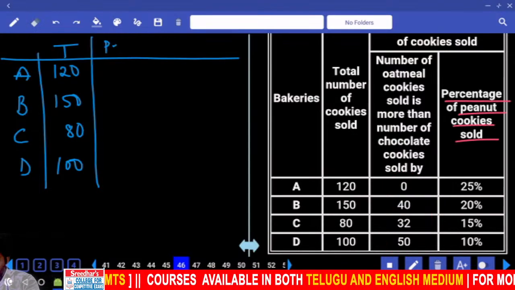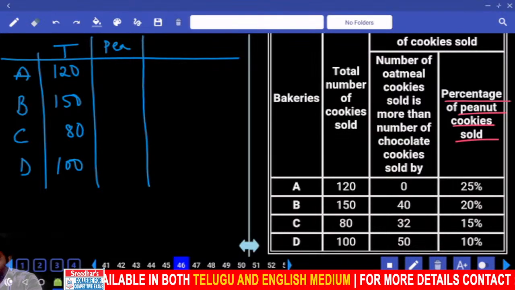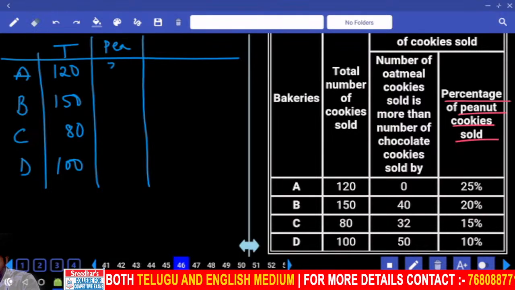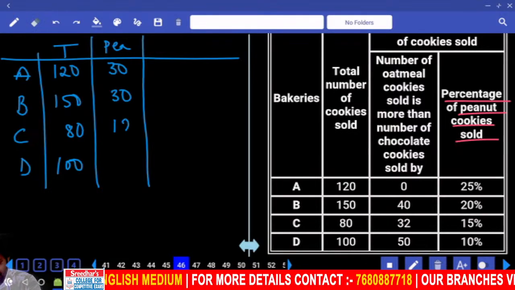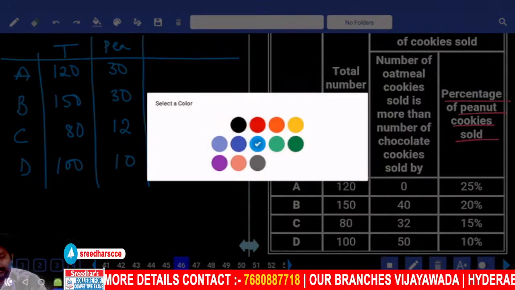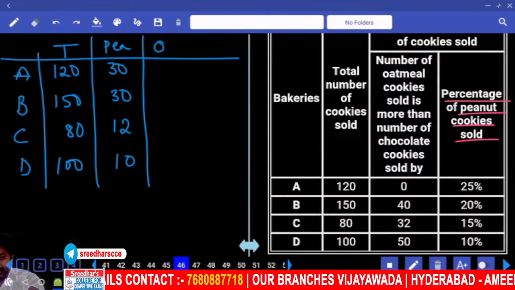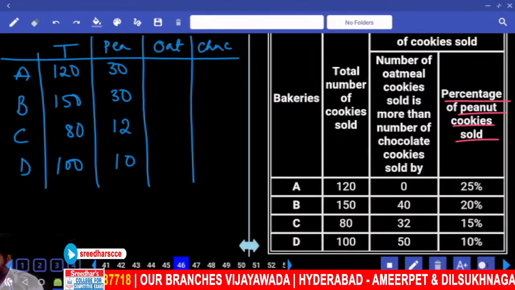Because peanut cookies sold information is directly available, let me write it first. 25% of 120, 1/4, 30. 20%, 30. 15%, 12. 10%, 10. Okay. Now, we have oatmeal and then chocolate.